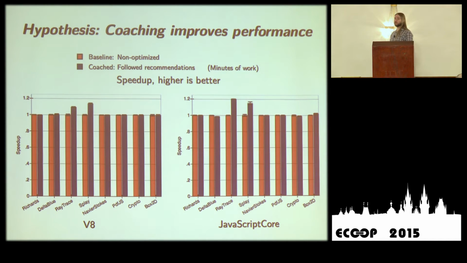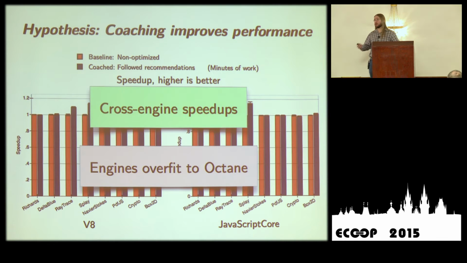So these are the results of performing the same experiment, so simply running the before and after version on the V8 JavaScript engine, which is inside Chrome, and the JavaScriptCore engine inside Safari. And as you can see, the speedups are not exactly the same, but are roughly similar. And so I think the bottom line here really is that you can get cross-engine speedups even by making code more amenable to optimization in one particular engine.